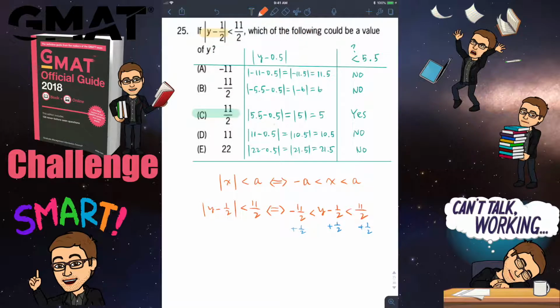As a result, you will get over here negative 11 over 2 plus 1/2. This is negative 10 over 2. Less than, in the middle, just going to be y. And less than, this is 12 over 2. So it's the same as negative 5 less than y less than 6.